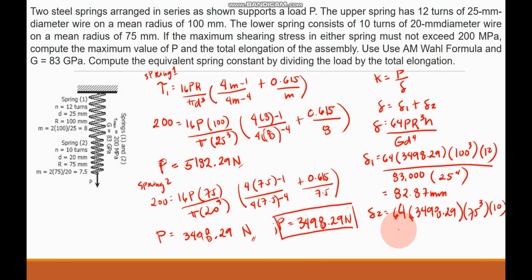Divided by 83,000 multiplied by 20 raised to 4. So, the deformation of our spring 2 is equal to 71.12 millimeters.